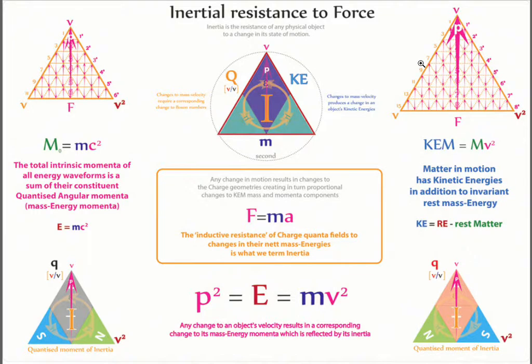So we change the velocity or the momentum of a system not by changing its mass, but by changing the mass energy or the energy momenta of each charged mass energy geometry. Of course, energy per second is a measurement of mass, but in this case what we're physically changing is the number of quanta per unit of time.